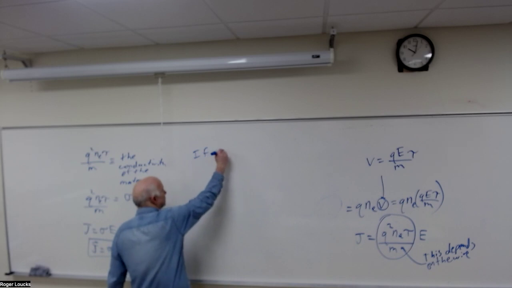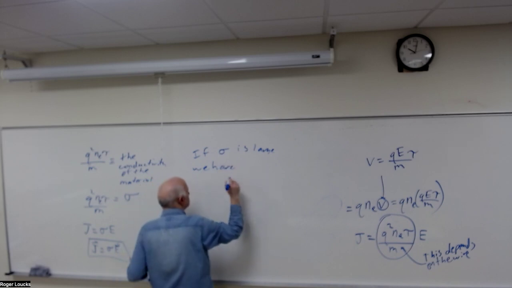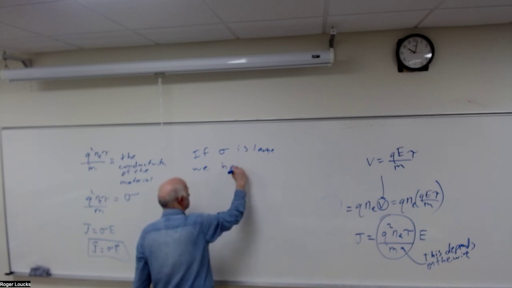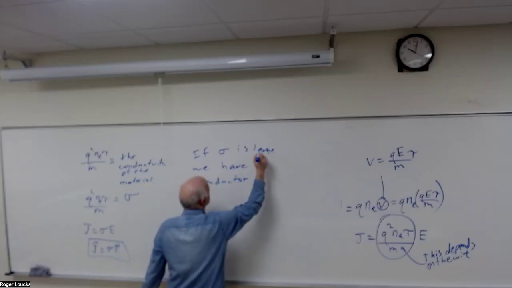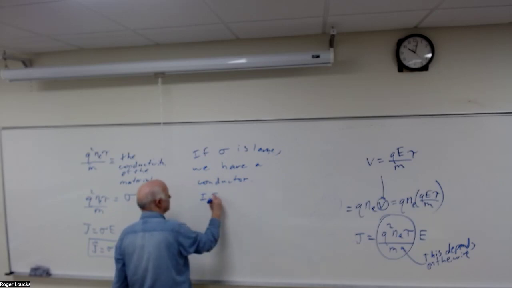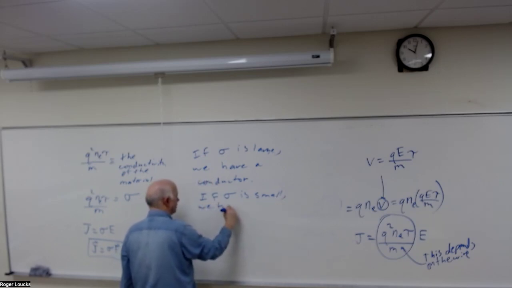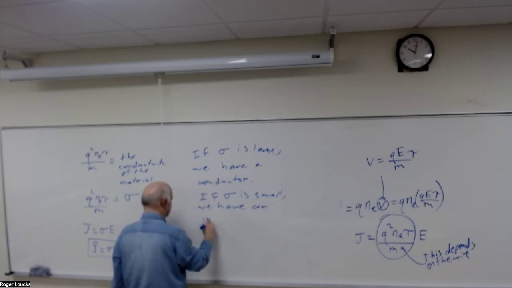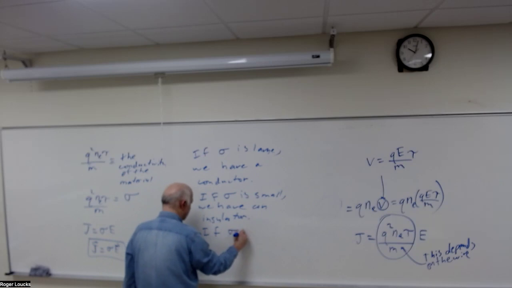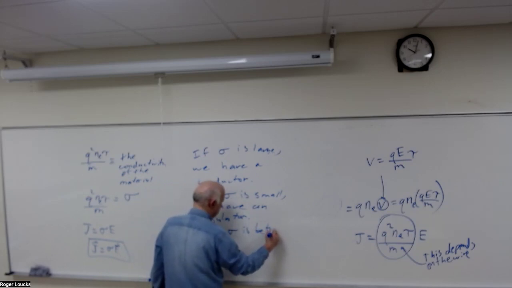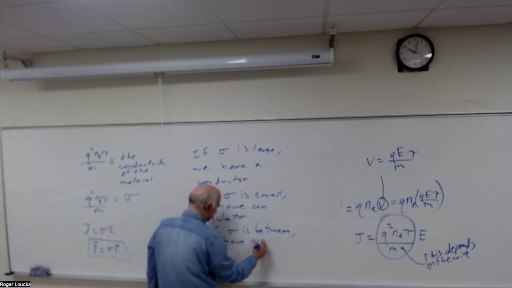So if sigma is large, you have a conductor. Sigma small, you have an insulator. Your sigma is in between, we have a semiconductor.